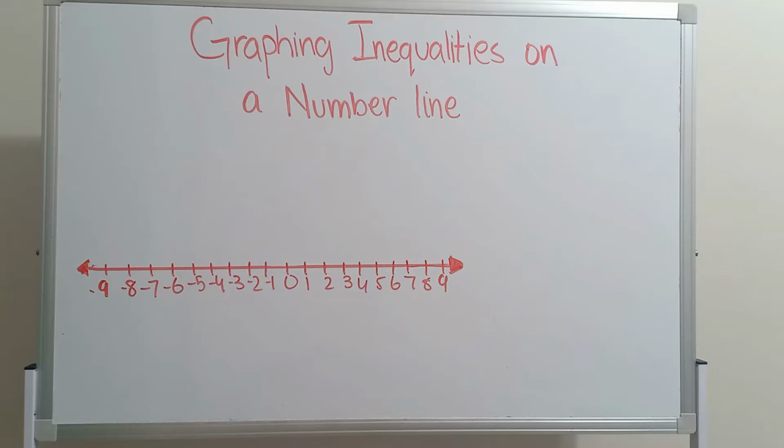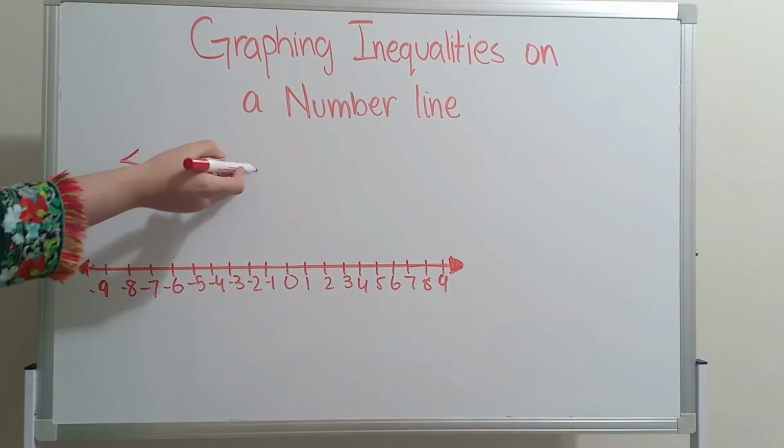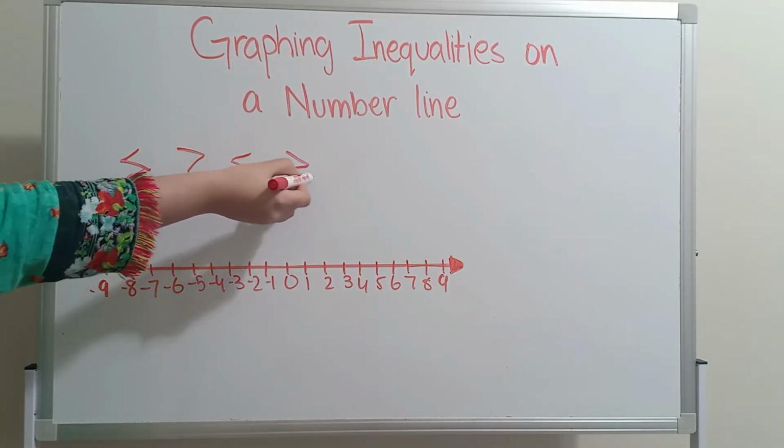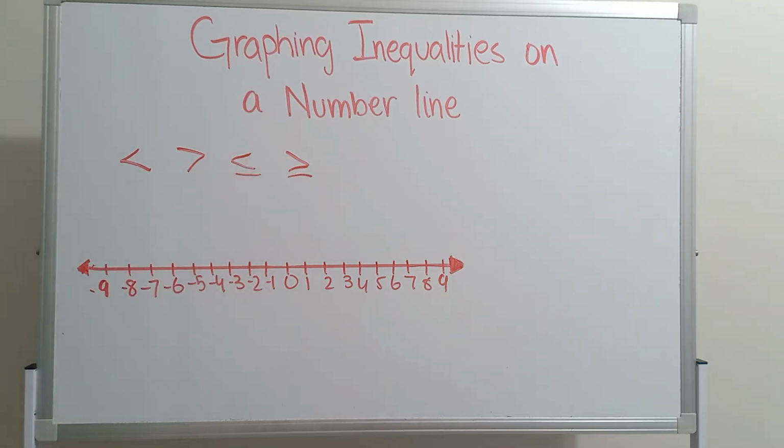So we have four signs that we use in inequality: the less than, the greater than, the less than or equal to, and greater than or equal to. Based on these signs, for these two signs, we are going to be using an open circle.